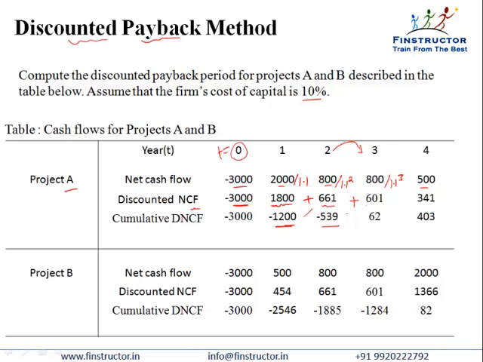Let's apply the same calculation. Over the whole year, I get $601. How long will it take for me to recover $539? It'll be 1 upon 601 into 539.